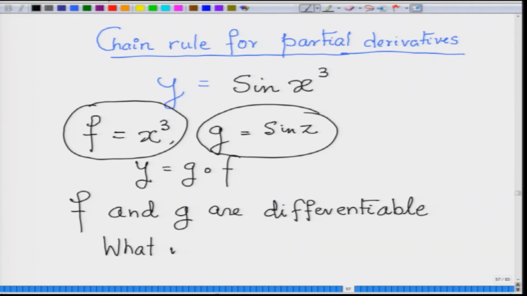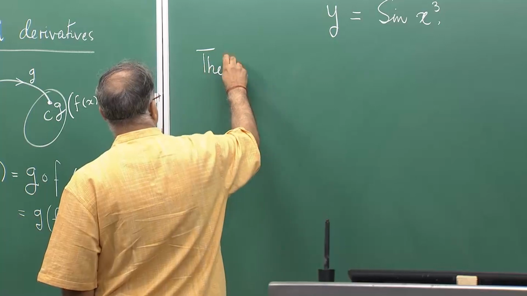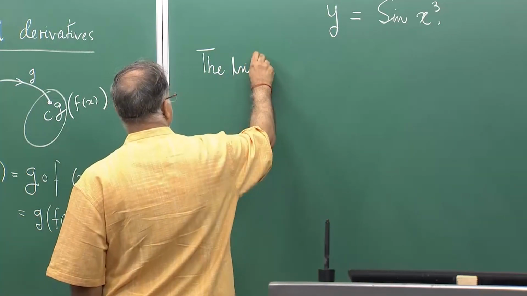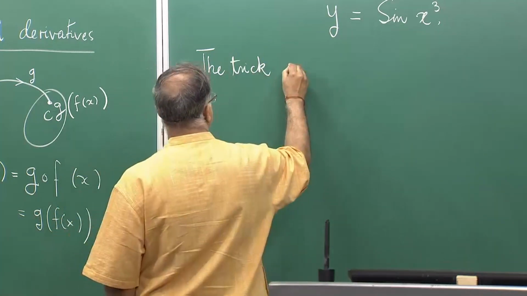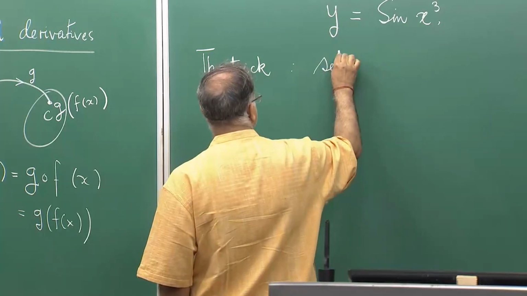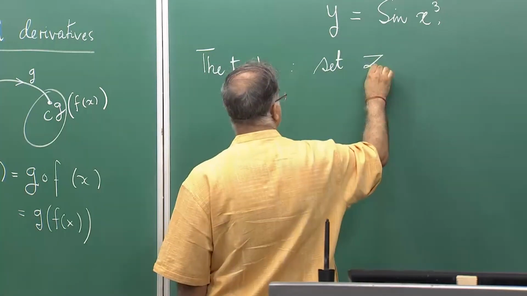What is the derivative of y? The derivative of the function y in this case. So the trick is the following. So let us follow the trick. Set z equal to x cube.